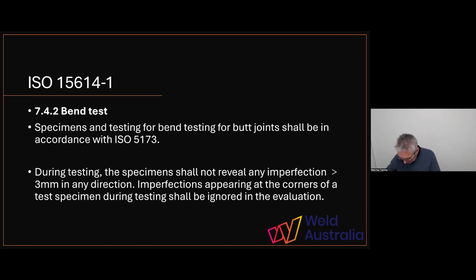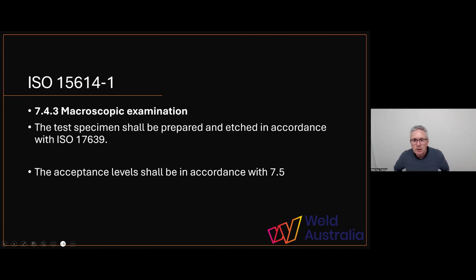Okay, macros, it just basically says there that it should be in accordance to ISO 17639. Acceptance level shall be in accordance to 7.5. So what we've got now is basically, they're talking about the destructive tests inside of it. So transverse tensile test, bend test, macro.